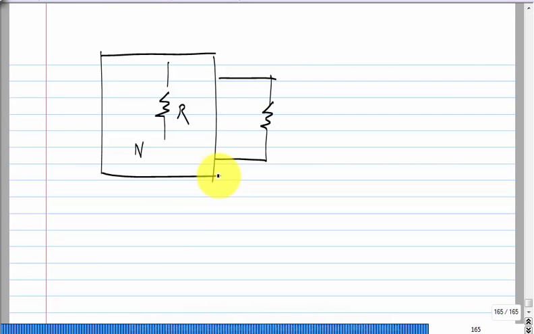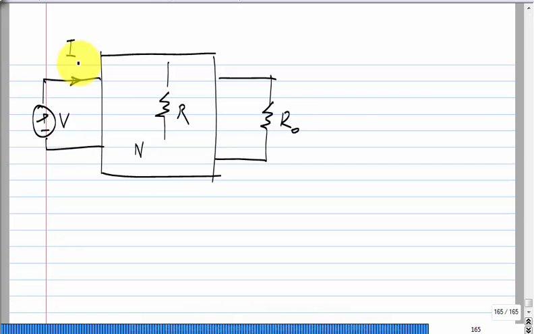Okay, inside it can have any number of resistors or not. And let's say I connect a voltage source to this side. Okay. So now, and it is drawing a certain current, right?